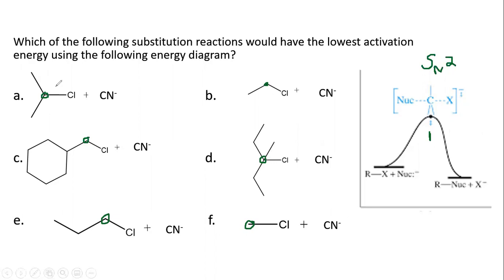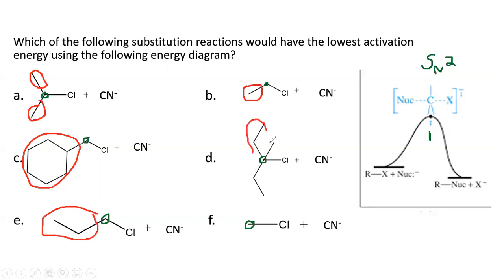So on the first one, we have 2 groups. Second one, we have 1 group. The third one, we have 1 group. Here we have 1 group. And on D, we have 3 groups. And on F, we have 0 groups.